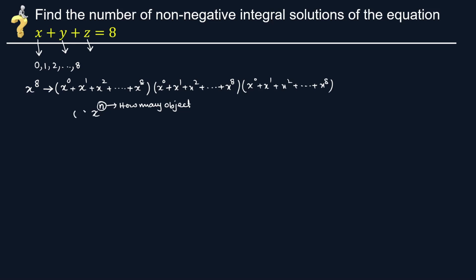And whatever coefficient is there, this coefficient represents how many ways the person can receive these n objects. Is it clear? So our main task is to find the coefficient of x to the power 8 from this expansion, and that's exactly finding the total number of non-negative integral solutions. Is it clear?